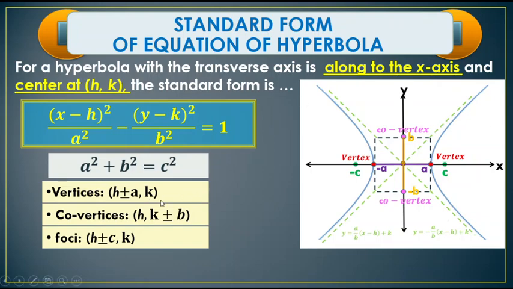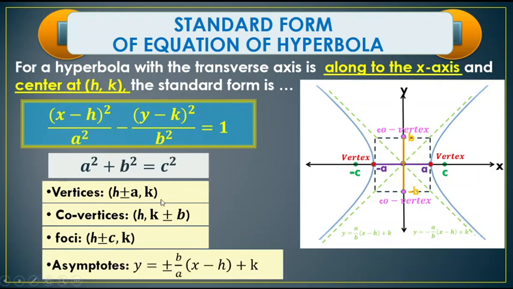Okay? And then, we have the asymptotes, and that is y is equal to positive and negative b over a times (x minus h) plus k. Now, kailan ba natin ginagamit itong formula na ito, the squared of x minus h over a squared minus the squared of y minus k all over b squared is equal to 1?